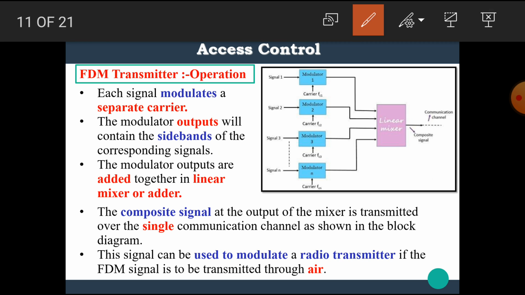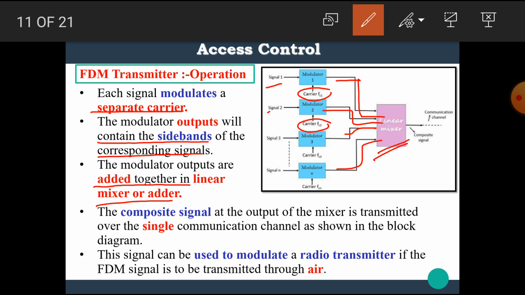Each signal modulates a separate carrier. That means signal 1 is modulated with the carrier frequency fc1, signal 2 is modulated with the carrier frequency fc2, etc. The modulator outputs will contain the sidebands of the corresponding signal. These outputs are added together or multiplexed in the linear mixer or adder circuit.